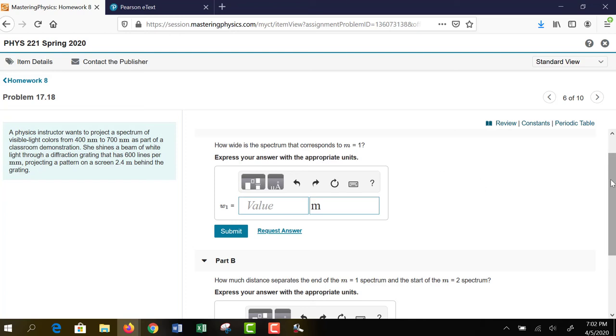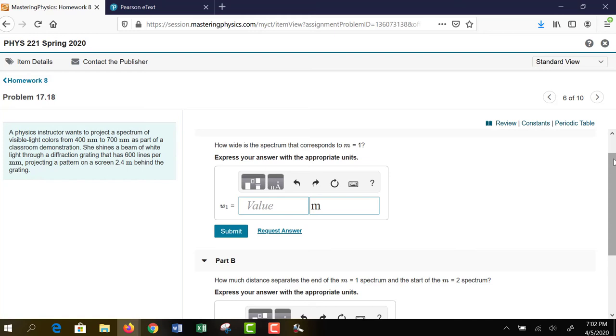So we want to know, what is the distance y to the 400 nanometer? What is the distance to the 700 nanometer? And then we want to know the difference between those. How wide is that? What is the distance between the 400 and the 700?